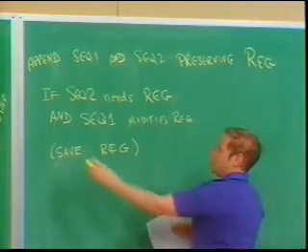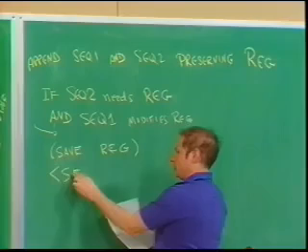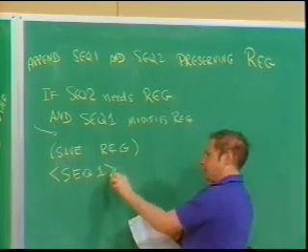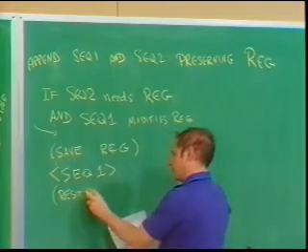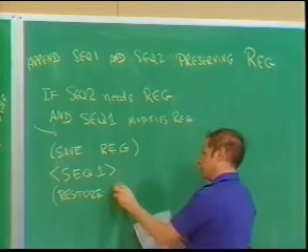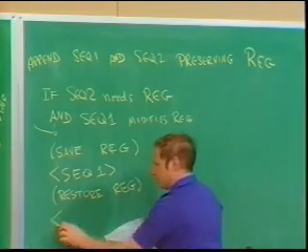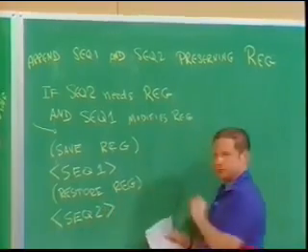Right, here's the code. You generate this code, save the register, and then you put out the recursively compiled stuff for sequence 1, and then you restore the register, and then you put out the recursively compiled stuff for sequence 2.